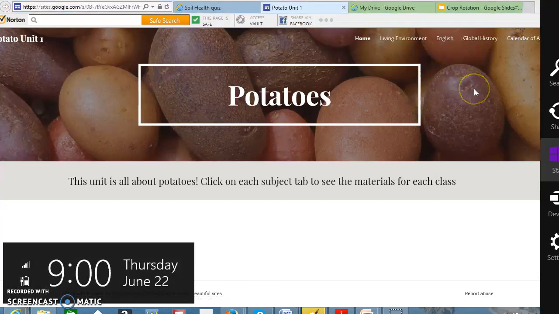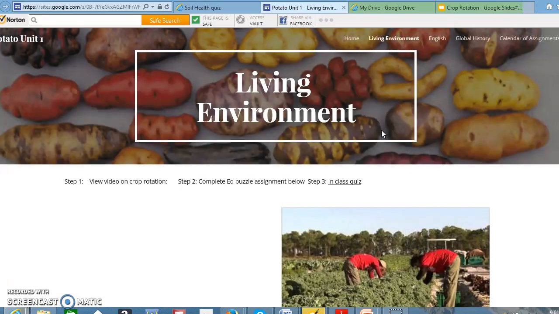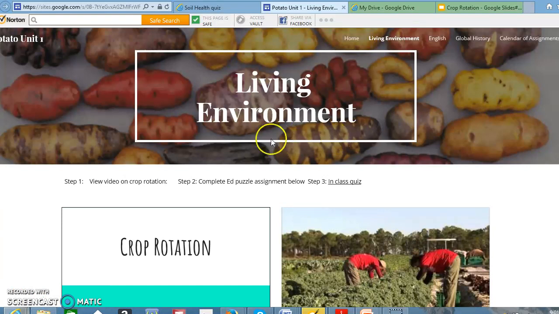So first I want to talk about how potatoes relate to living environment. The way in which we're going to talk about potatoes in living environment is we're going to talk about crop rotation.